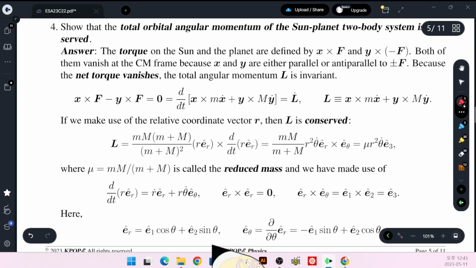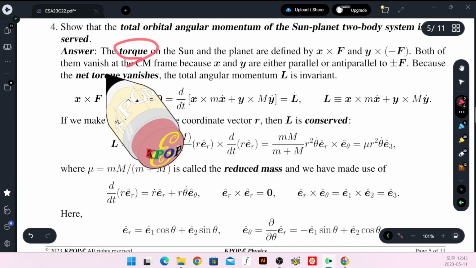Show that the total orbital angular momentum of the Sun-planet two-body system is conserved. We remember the net force is zero, and then the acceleration is zero.